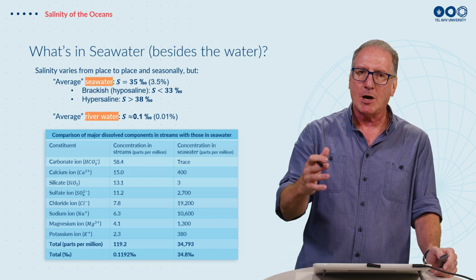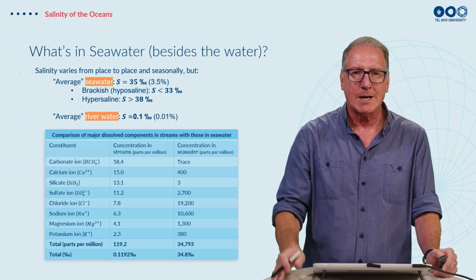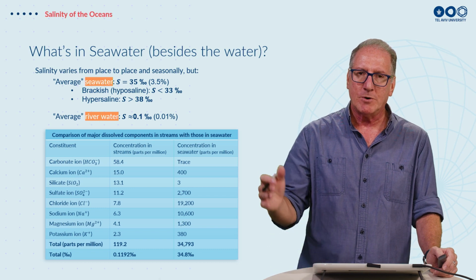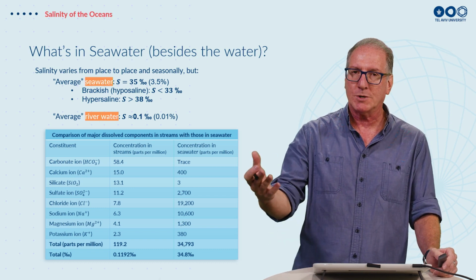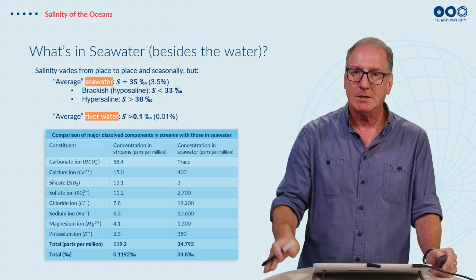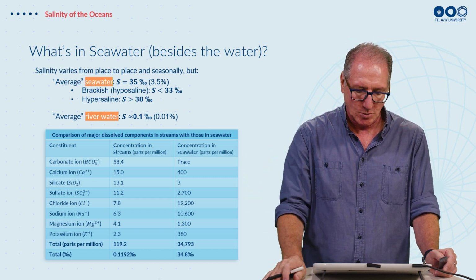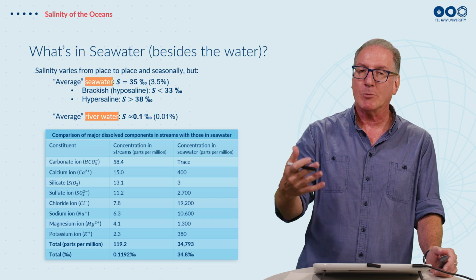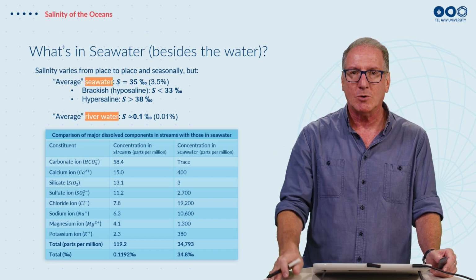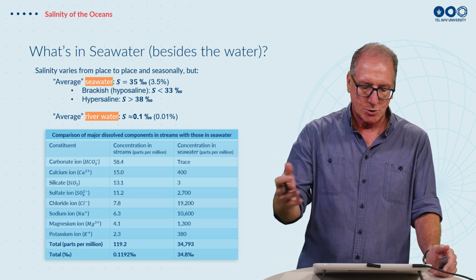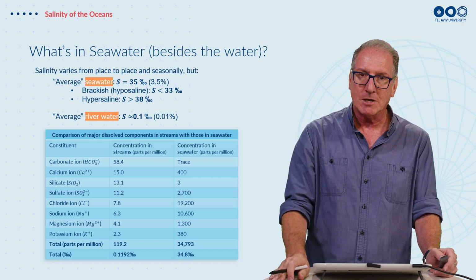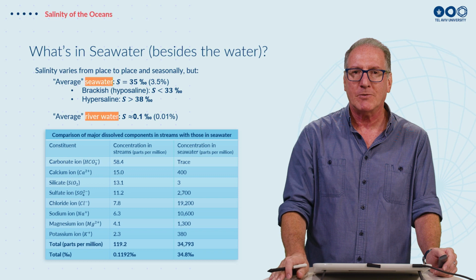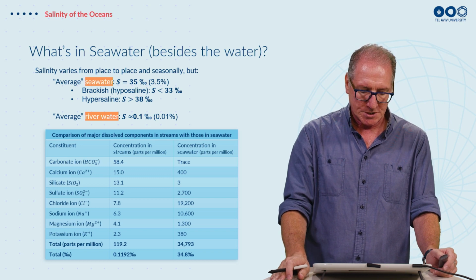For example, carbonates, which make up a lot of the limestone and the rocks, when rivers flow over them, we have a lot of carbonate ions in stream water, but just a trace of it in the ocean water. On the other hand, when we talk about salt, sodium chloride, NaCl, we see huge amounts in the seawater, but very little, although there still are some salts, in the fresh water in the streams.